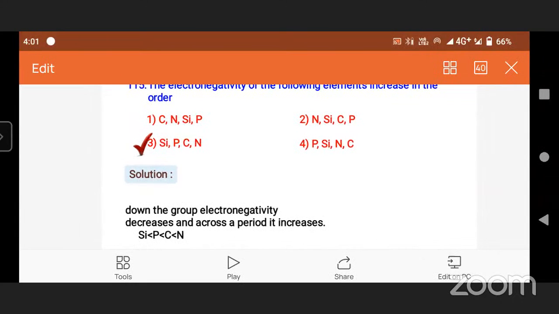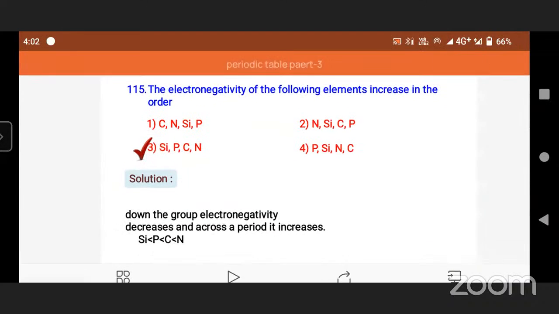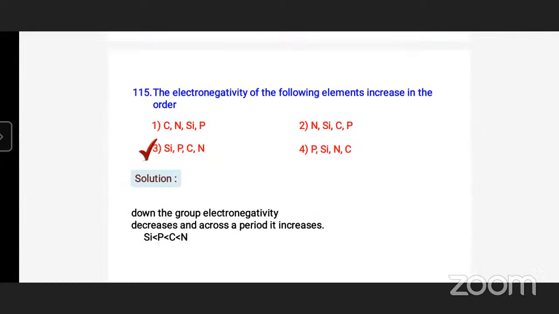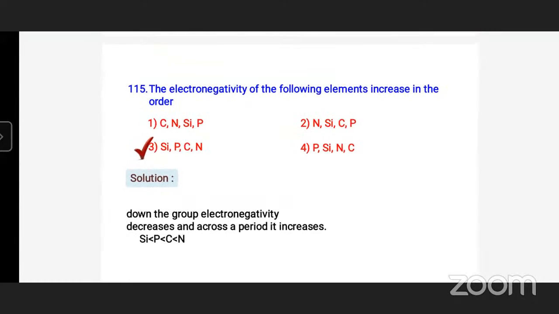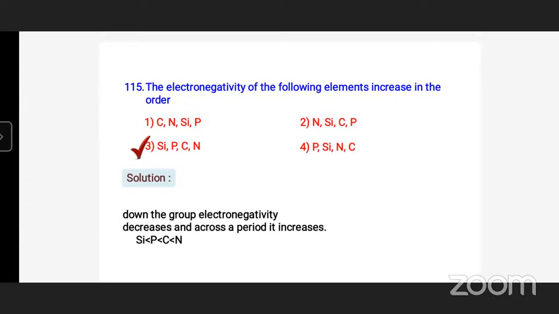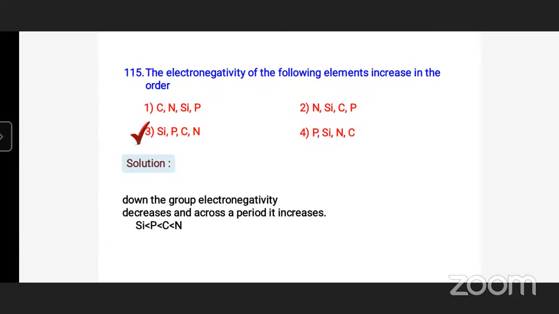Next, silicon, phosphorus, carbon, nitrogen. Fourth, phosphorus, silicon, nitrogen, carbon. Down the group, electronegativity decreases; across a period it increases. So silicon, phosphorus, carbon, nitrogen is the right order. The third option is correct.